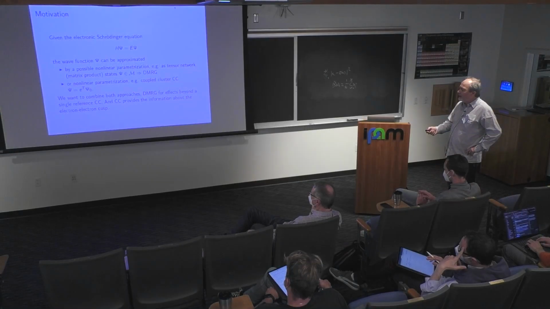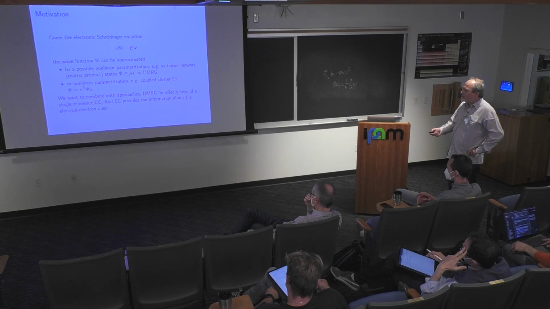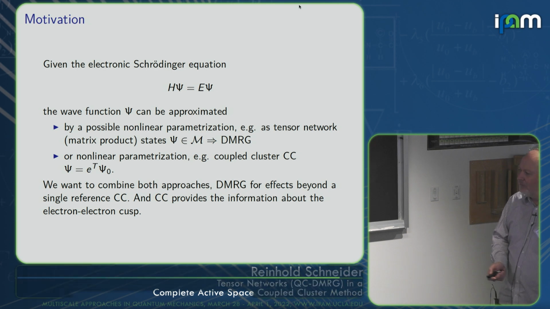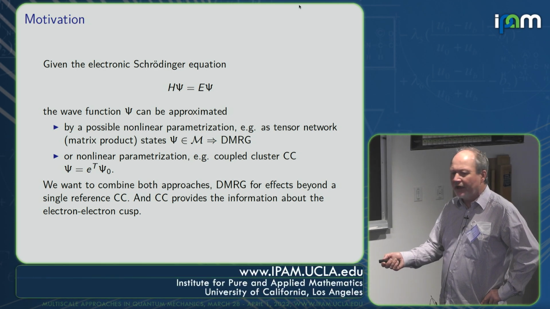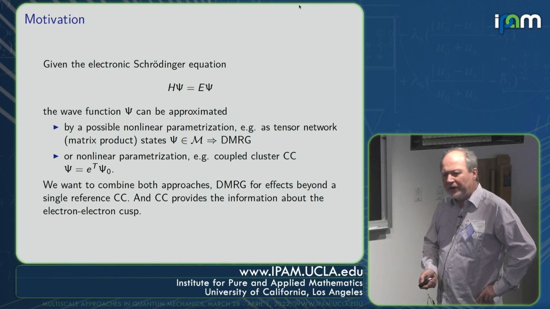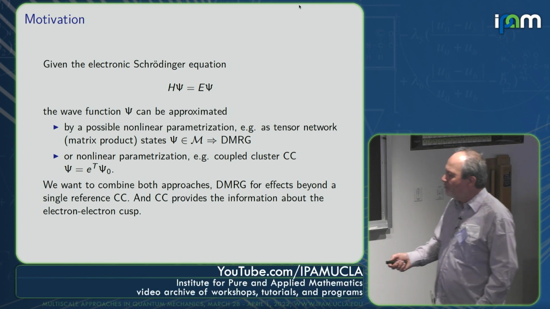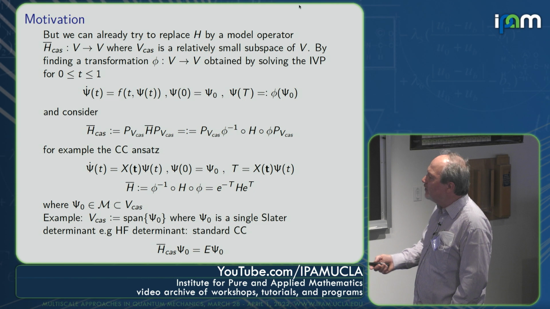And the thing is, we want to base it on a DMRG approximation, but really it's a coupled cluster. This nonlinear parametrization provides important information about the electron-electron cusp and gives us the possibility to at least make the basis set error relatively small.